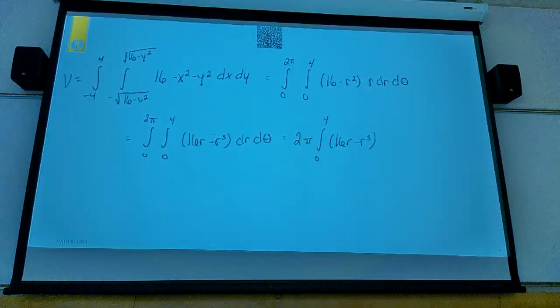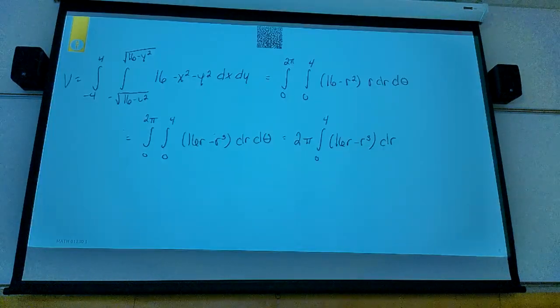Because again, remember, the order in which you integrate does not matter. In fact, this is what we would call a polar rectangle, because both your bounds are constants.